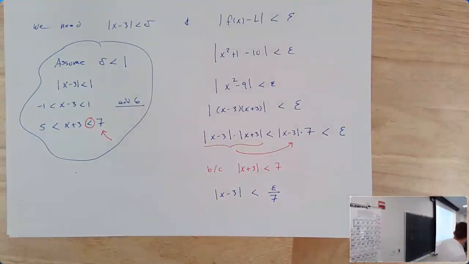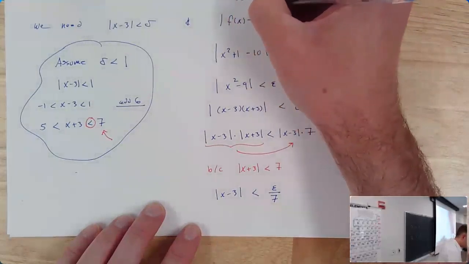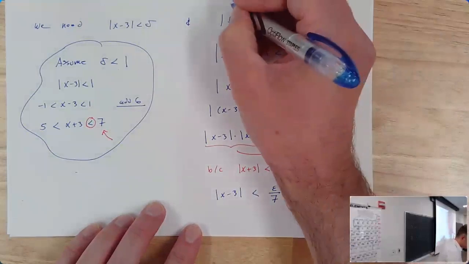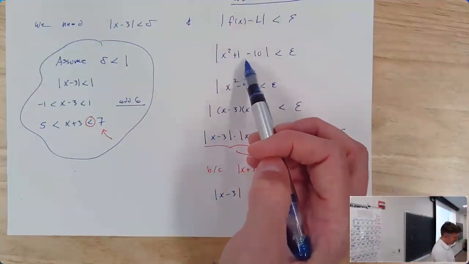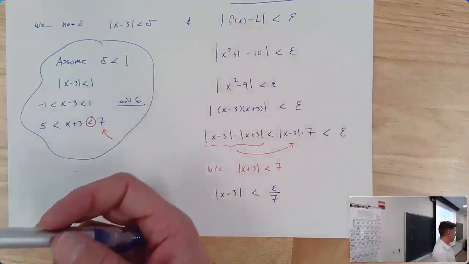Why mathematically does it fall between epsilon and our original? Sure. So what I should say is this is what we want. We want the absolute value of x squared plus 1 minus 10 to be less than epsilon. So we're going to do whatever we need to get there.